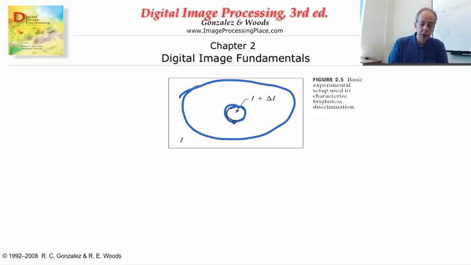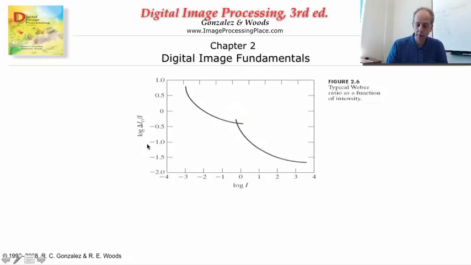Now, the amount of change that we need to perceive depends on the background light. And that's what's called Weber's law. And this is shown in this picture. It's a very interesting effect that if we are in very low light conditions, we need the delta I, the change, to be relatively high.